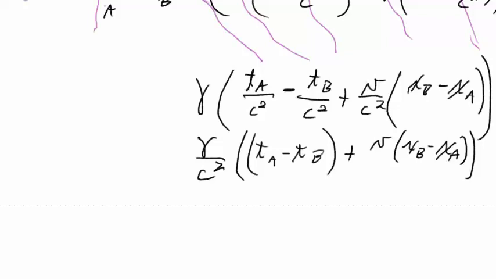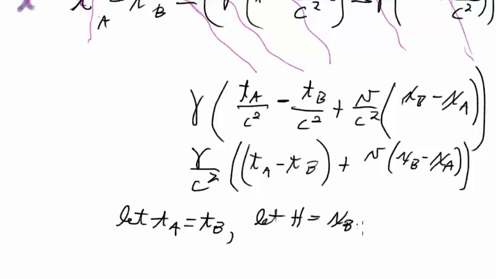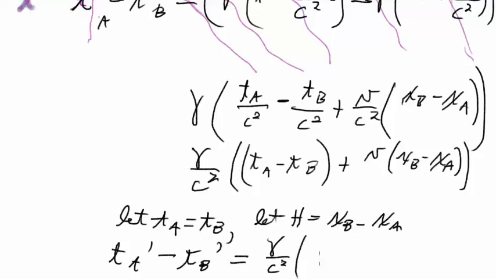So if we said let t sub a equal t sub b and let h equal x sub b minus x sub a, then we would get t sub a prime minus t sub b prime equals gamma over c squared times, this would be 0, because t sub a and t sub b were equal. And you would get vh.